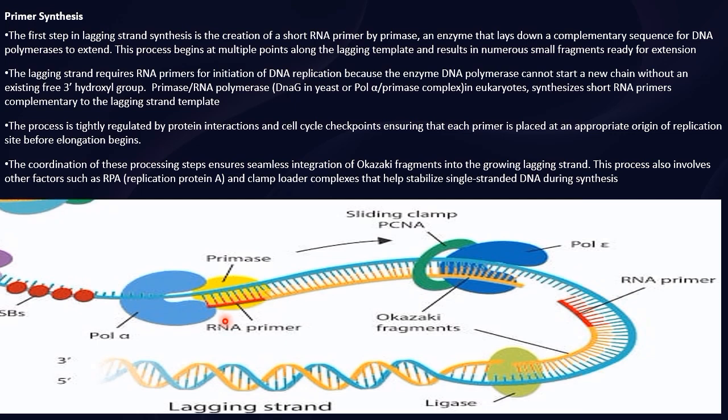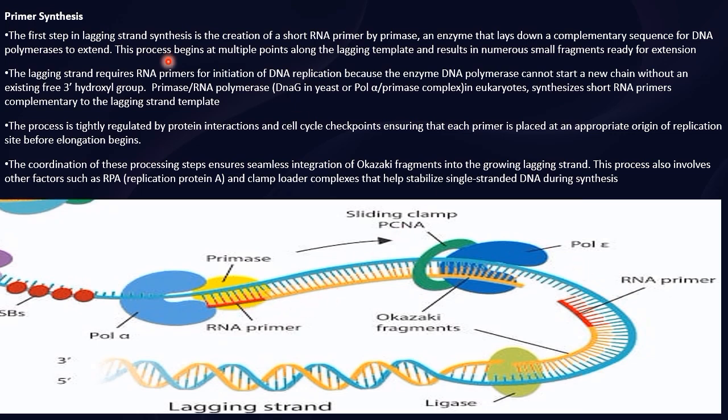The purpose of this primer is to provide a free 3' hydroxyl group to the DNA polymerase delta or epsilon. As DNA pol delta and epsilon cannot synthesize DNA from scratch, they need a 3' hydroxyl group in order to extend the DNA strand.